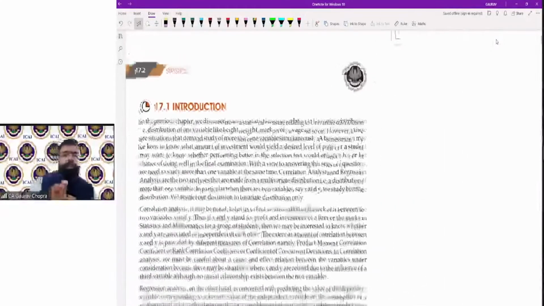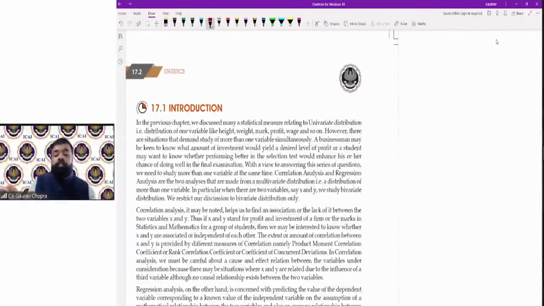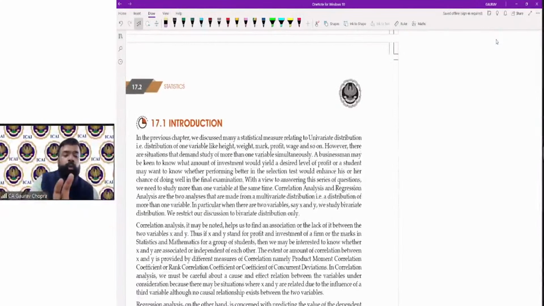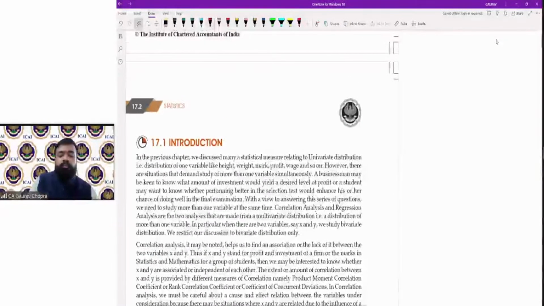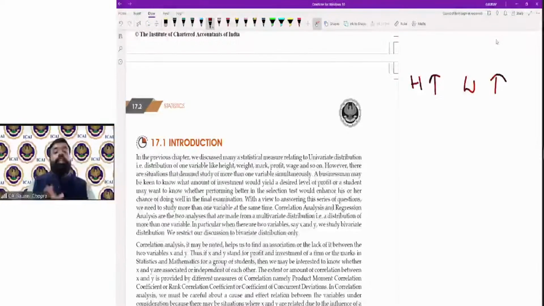For example, if we talk about height and weight, normally what happens is, if height increases, then of course weight also increases. So when both of the variables are in same direction, जब दोनों variables same direction में होते हैं, then they are said to be positively correlated. दोनों में correlation कैसा होगा?